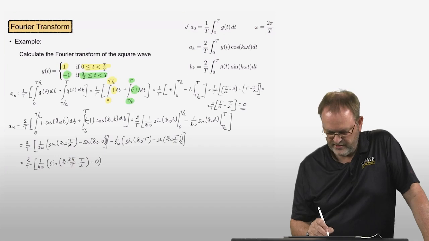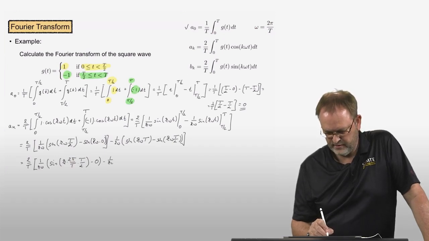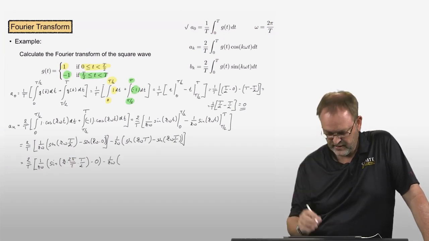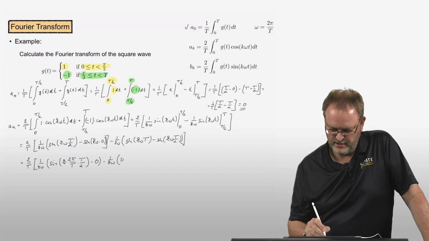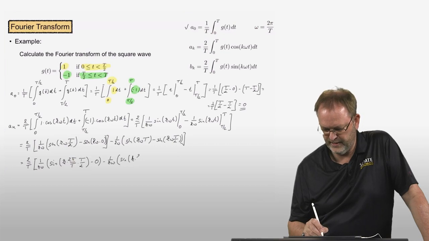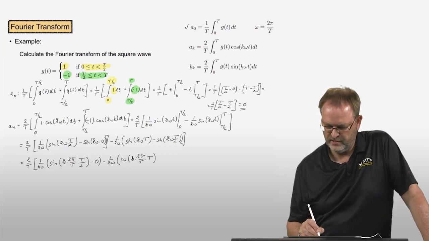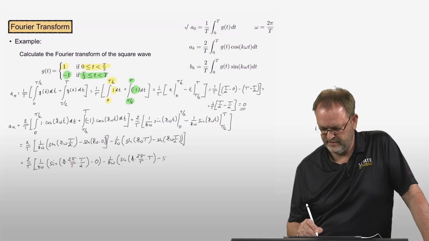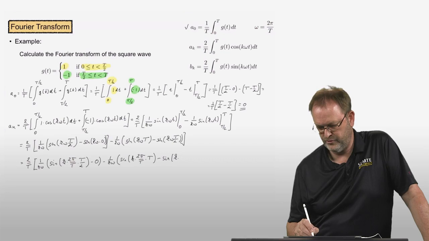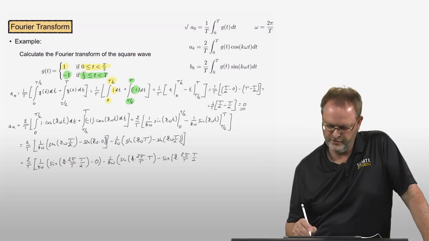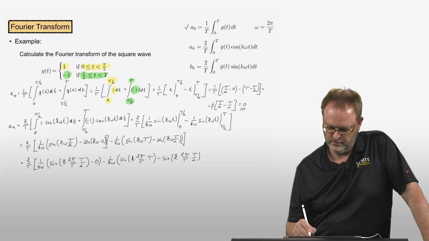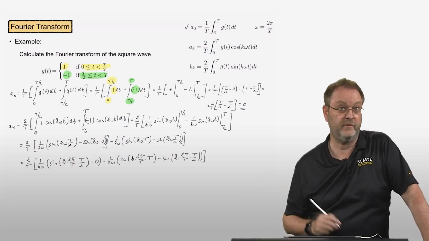And then we have minus 1 over k omega times the sine of k times omega, which is 2 pi divided by t, times t, minus the sine of k omega. Omega is 2 pi divided by t times t over 2. A whole bunch of parentheses that we have to close out.